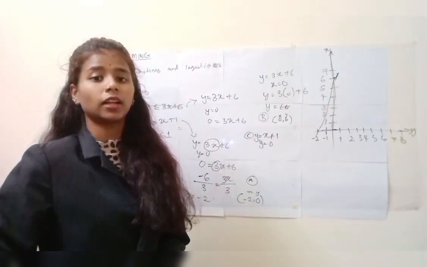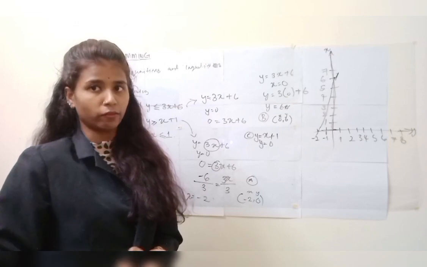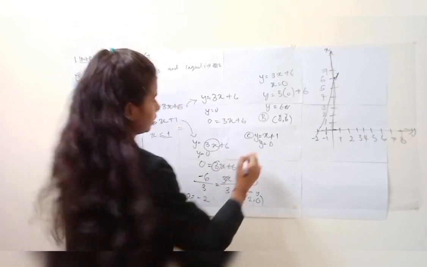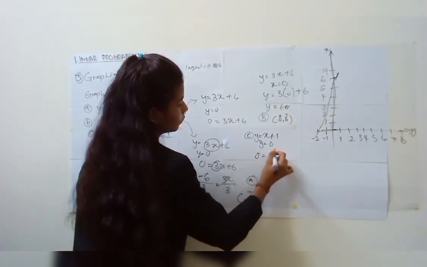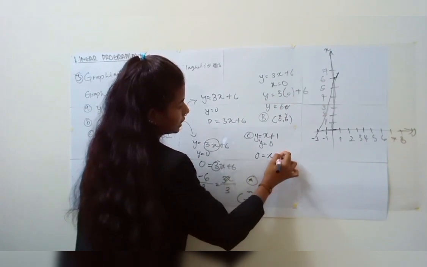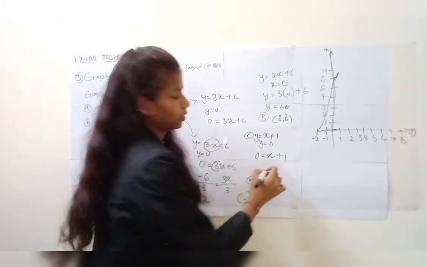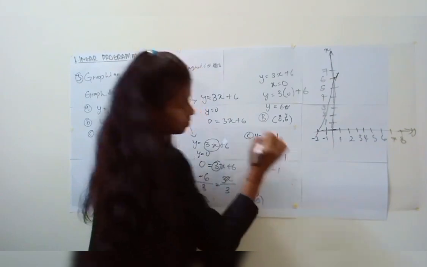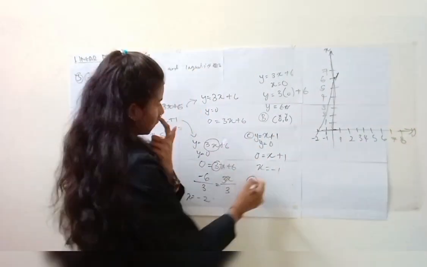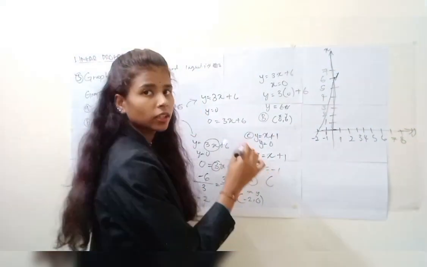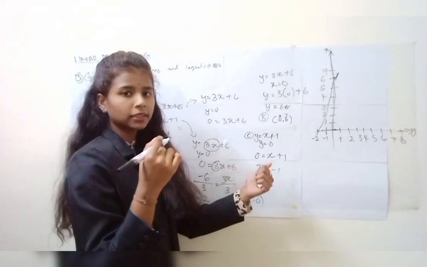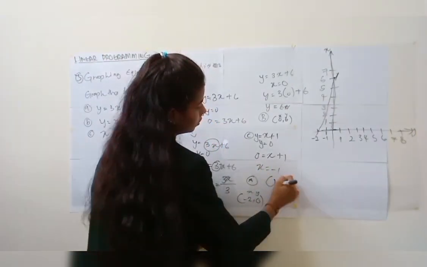So the answer for the x is negative 1, which is 0 is equals to x plus 1. So the answer for the C is negative 1, 0.